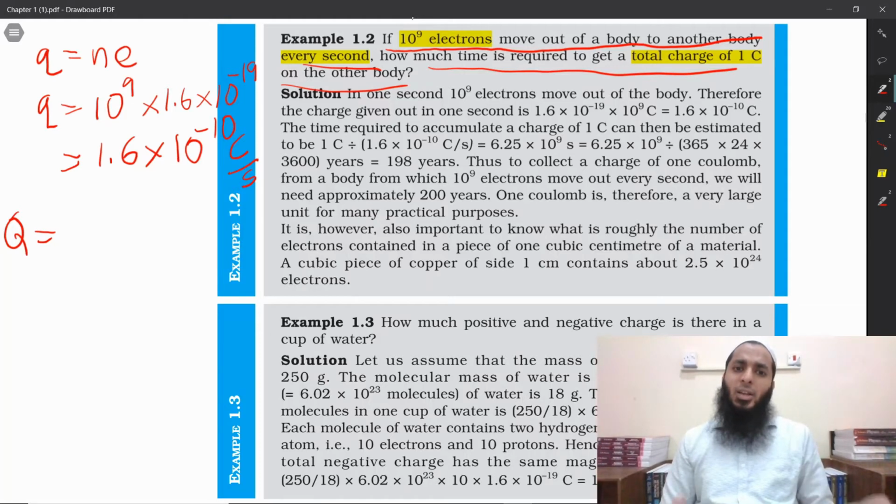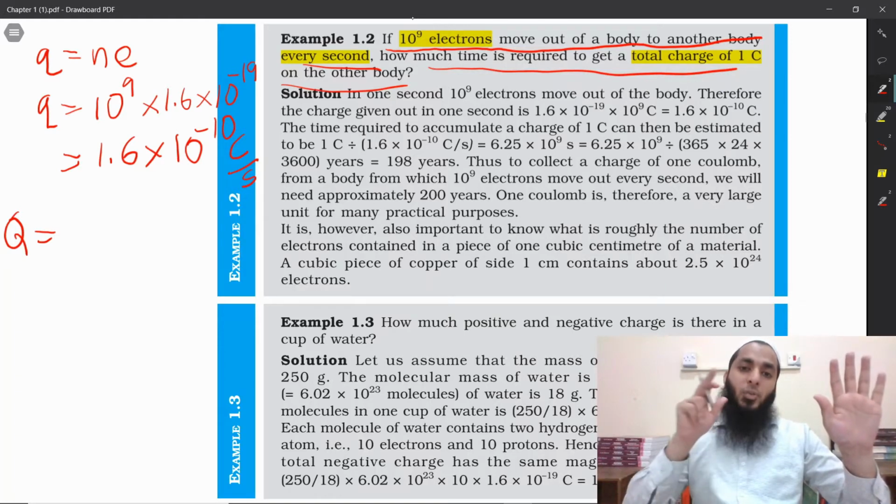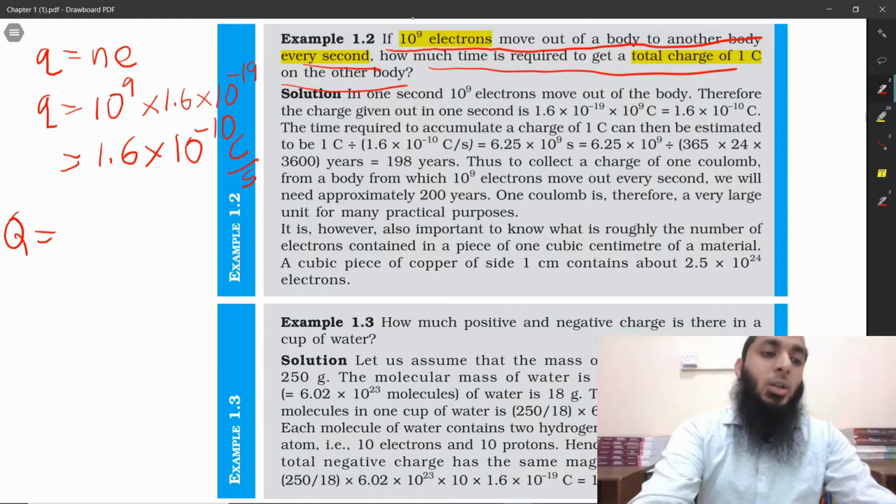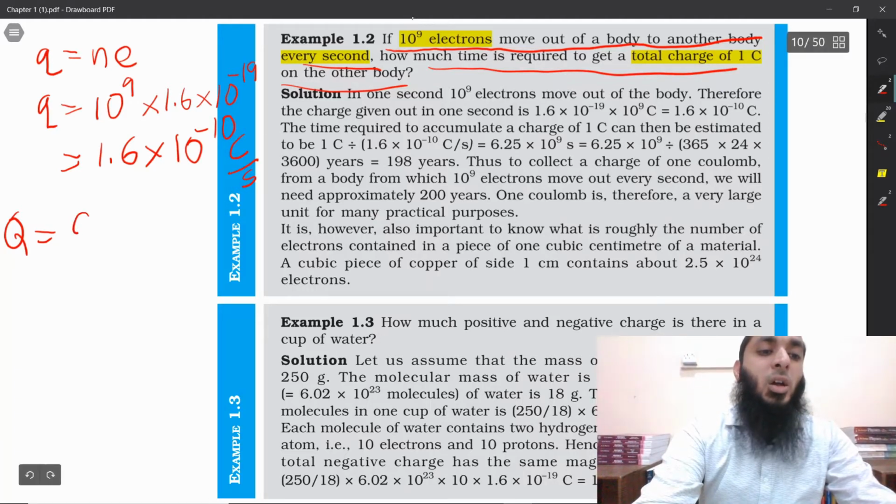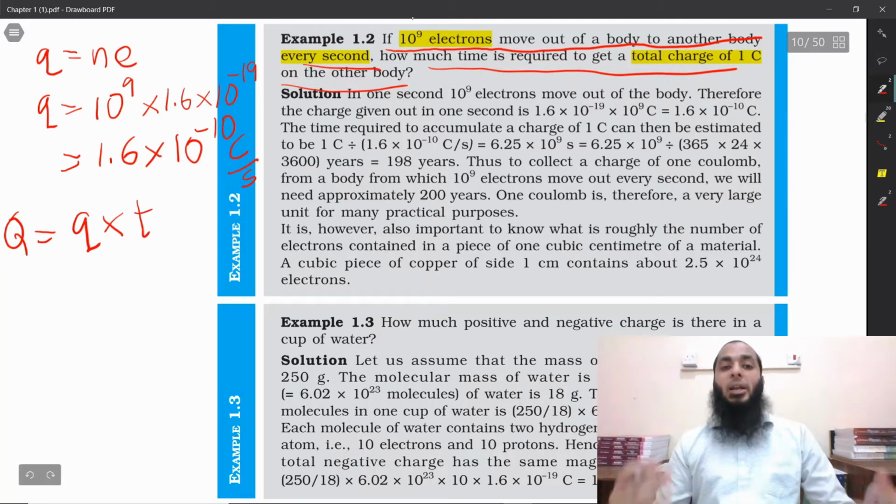You will clearly get 5. How did you get it? You multiplied the time with the number of apples falling per second. In a similar way, the total charge would be the charge per second multiplied by the time. So this is how you form an equation.